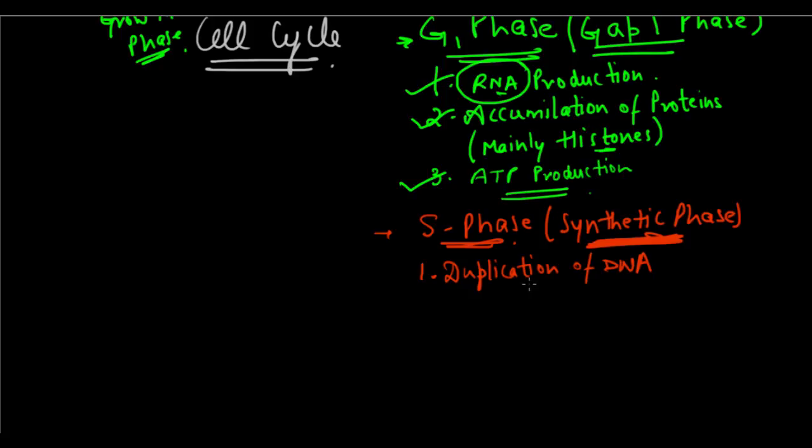And the second most important thing is the duplication of chromosomes. There's no ATP production here. It's basically a synthetic process where this duplication of the main genetic material takes place.